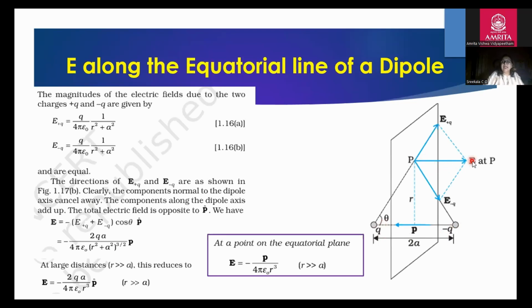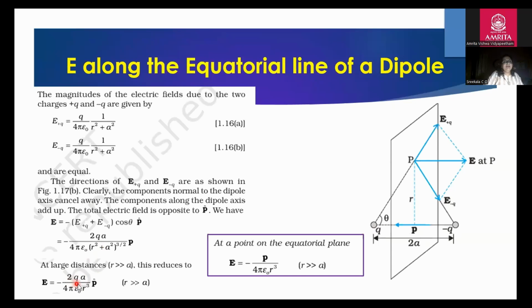So I have to give a minus sign here. It will be minus of 2QA divided by 4 pi epsilon 0 into R square plus A square, the whole raised to 3 by 2. Then if R is very much greater than A, you can reduce this to R cube.